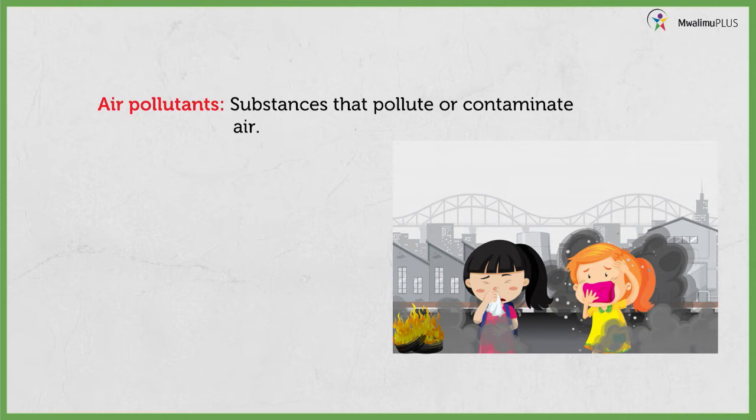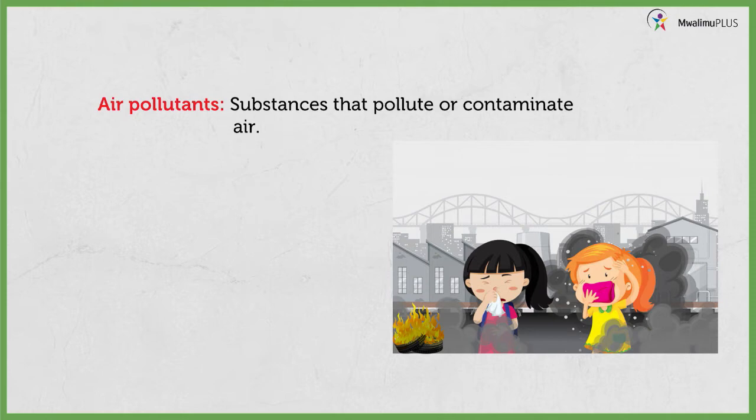And I hope you are seeing this person is covering the nose, meaning that that area or that environment has been contaminated. So, can you name for me some of the substances that can pollute the air? Good one. We can have dust, when there's too much dust particles in the compound.